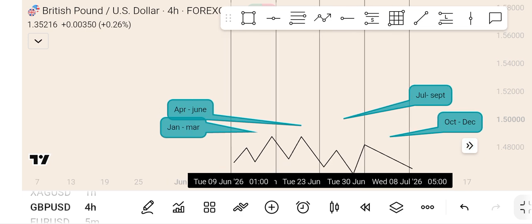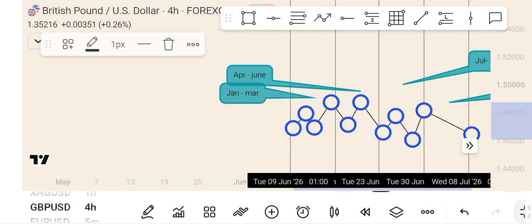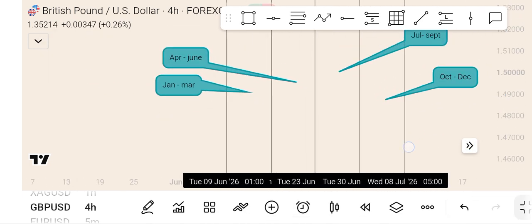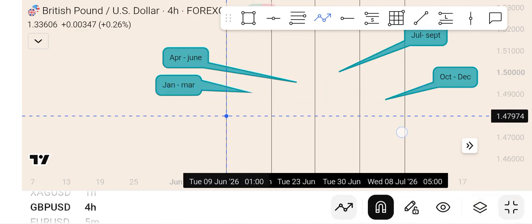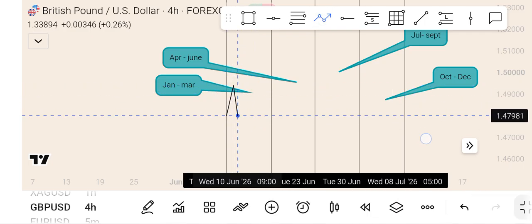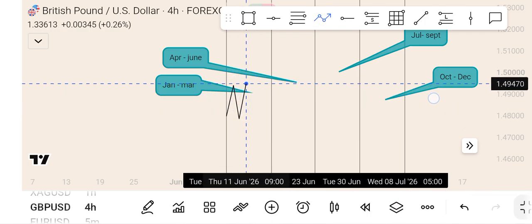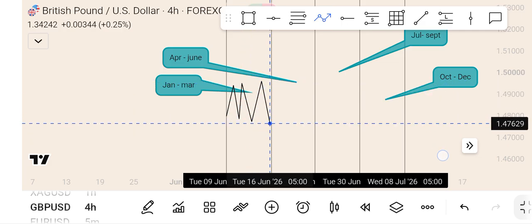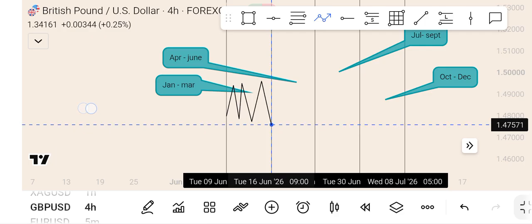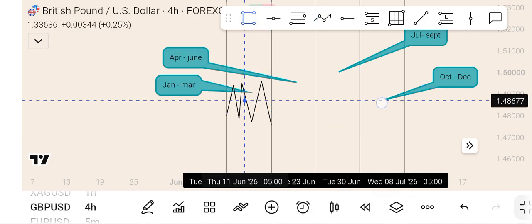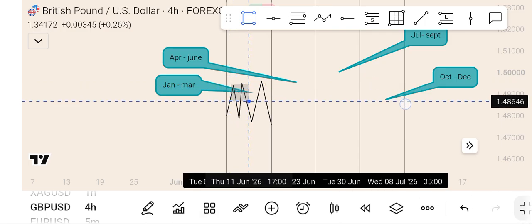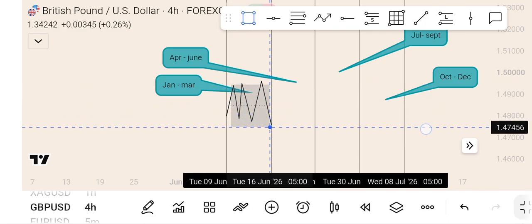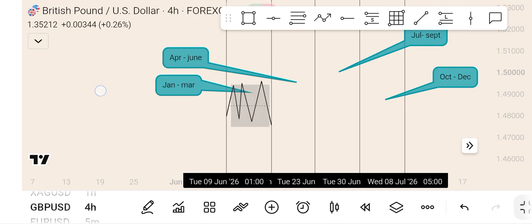Let's say January to March is accumulation. Maybe you see this kind of price action. This might not likely be the case, but sometimes January to March is the accumulation phase, the A.